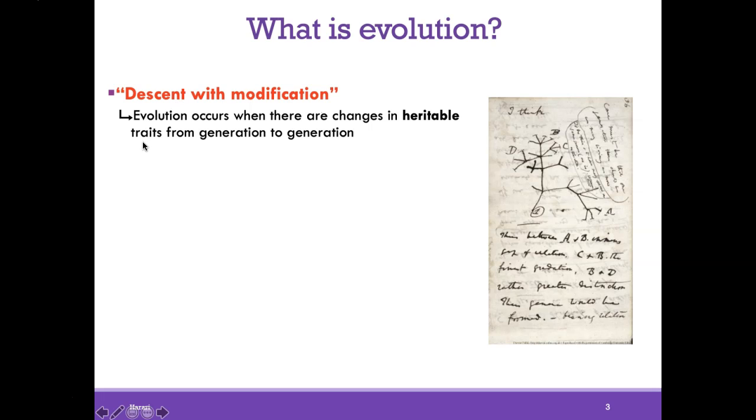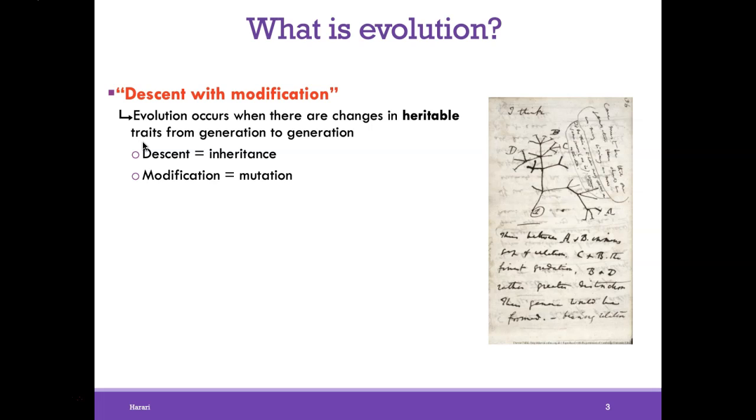Evolution occurs when there are changes in heritable traits from generation to generation. So there are changes in traits that can be passed from one generation to the next. We're talking about things that are heritable, things that are inherited, that descend from one generation to the next. And modification implies that these things are changing.